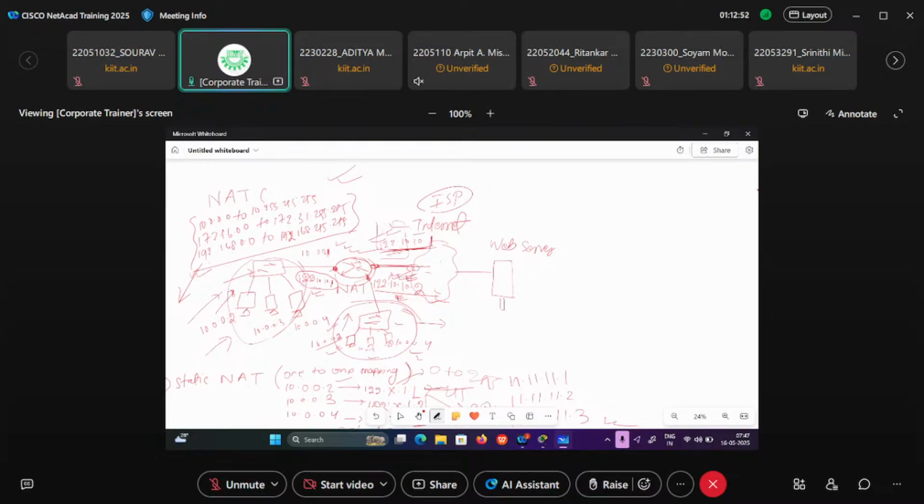It will recognize this at the router itself, and then when it replies to all these PCs, it goes through the port address. Someone searches Facebook, someone searches Instagram, someone searches something else, Flipkart and so on, right?